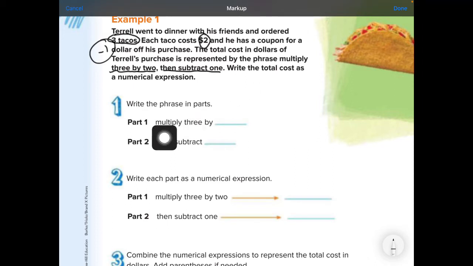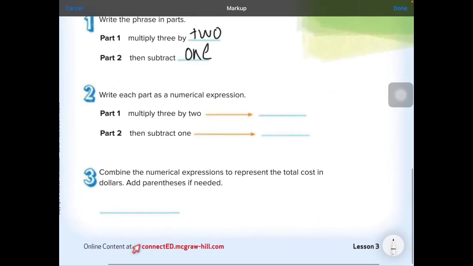So, number 1, multiply 3 by 2, but they want you to write the word form. Then what we do is part 2, then subtract 1. Write the word form. Write each part as a numerical expression. Multiply 3 by 2. So 3 by 2.